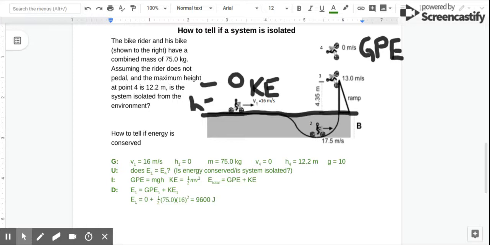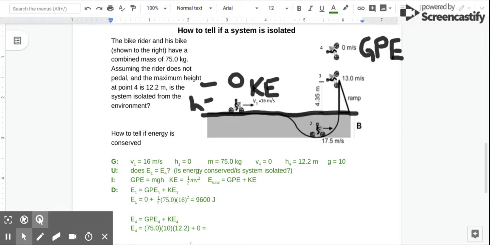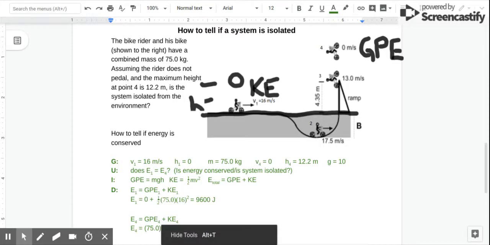I will if we get something weird for E2 or something close for E4. So now I'm doing E4, which equals GPE4 plus KE4. Our GPE4 will be our mass, 75.0, times G, which is 10, times the height, 12.2, and the KE is 0.